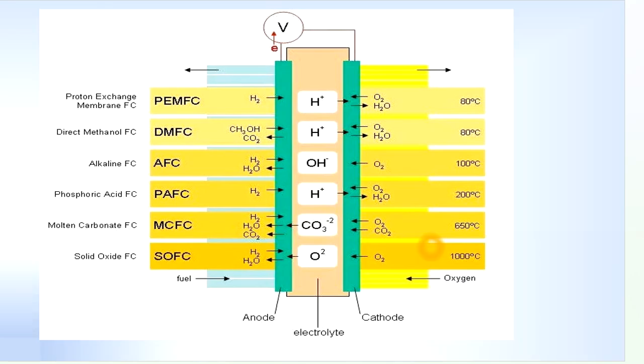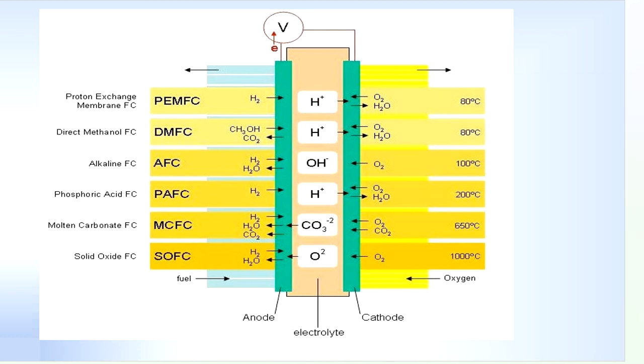Right, it's fine. So here you can see the different electrolytes, traveling ions, and cathode and anode. Proton exchange membrane FC, that is PEMFC, uses hydrogen as input at anode and oxygen as input at cathode, and the one traveling from anode to cathode within the electrolyte is hydrogen ions, and electrons travel outside towards the load, so that the load can use the electron motion, that is current, right.